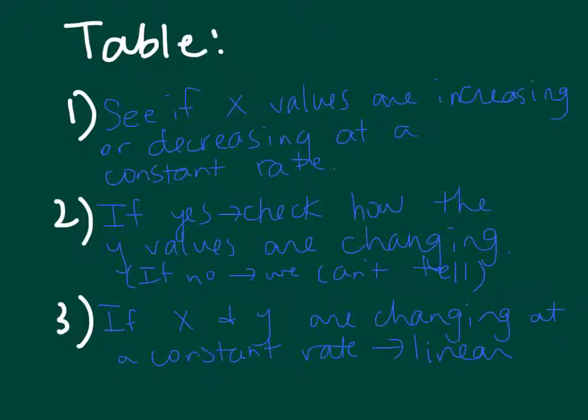Okay, if they're not, and down here in number 2, I've already written this, if the x values are not increasing or decreasing at a constant rate, we can't even tell if it's linear or not because we can't check the y's and see if they're changing at a constant rate or not. So if the x's are increasing or decreasing at a constant rate, then check the y's and let's see how they're changing. And if they're both changing at a constant rate, it is a linear function.